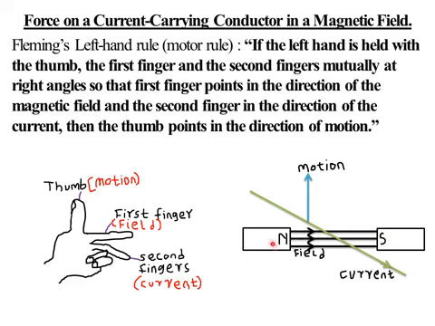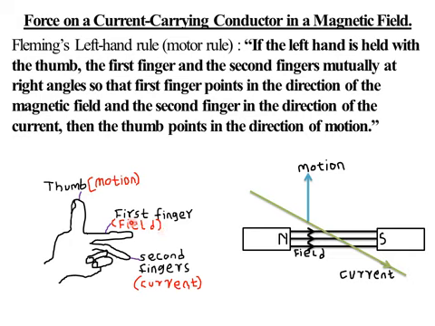Another point you need to notice is that whenever you are given a magnet, the north pole represents the origin of the magnetic field, and the south pole represents the end of the magnetic field. So magnetic field lines will always originate from the north pole and end at the south pole. So this is the direction of the magnetic field lines.